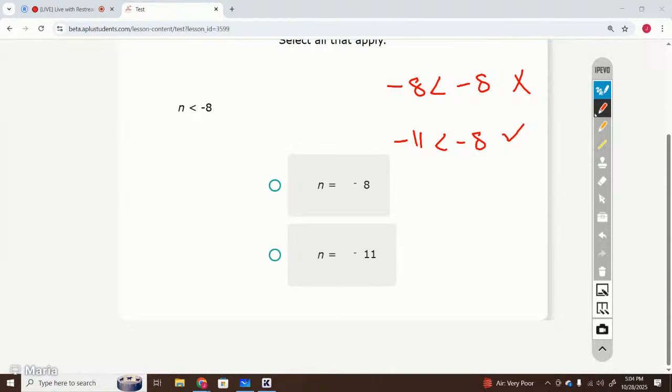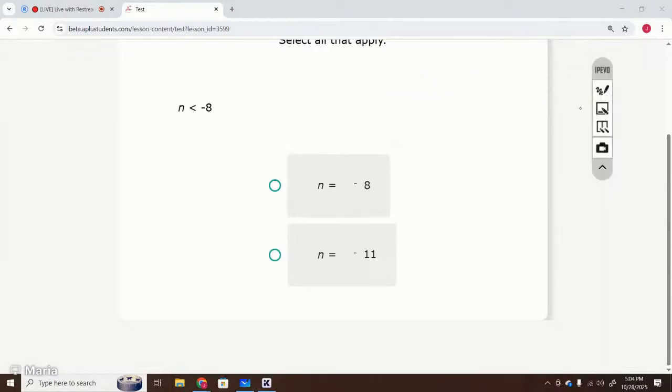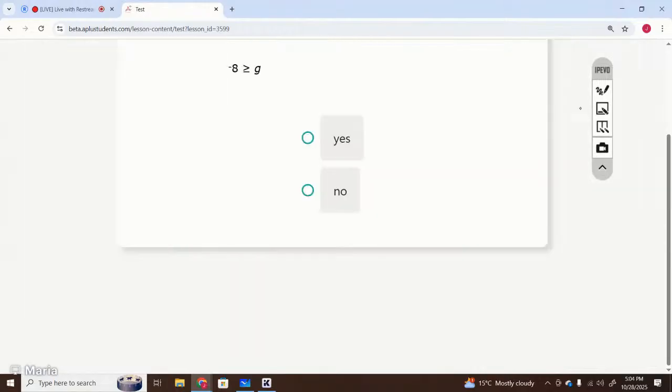On the negative side, as you are moving far from 0, the numbers are getting smaller and smaller. So negative 11 is smaller than negative 8. Option number 2 is the correct option. N is less than negative 11.